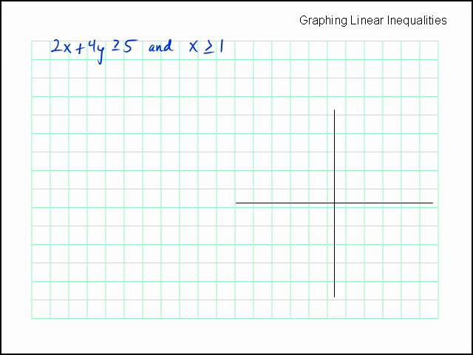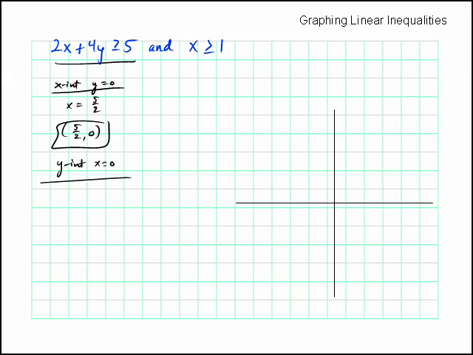Let's graph this one first right here. The x-intercept, if I set y to 0, would turn out to be 5 halves. So we've got (5/2, 0), the x-intercept. The y-intercept, by setting x to 0, will give us y equals 5/4.